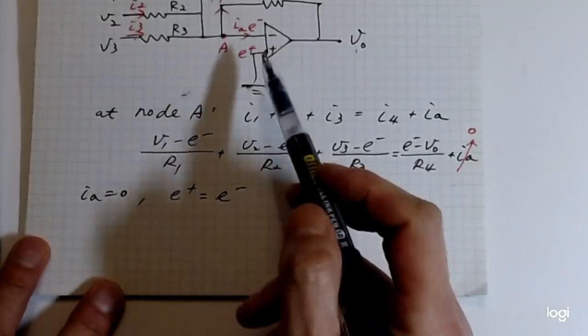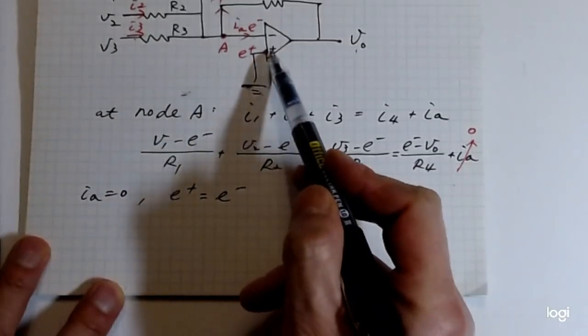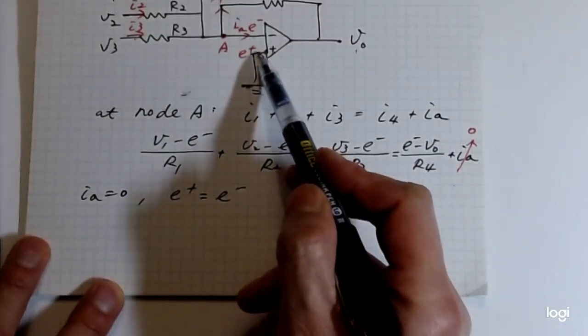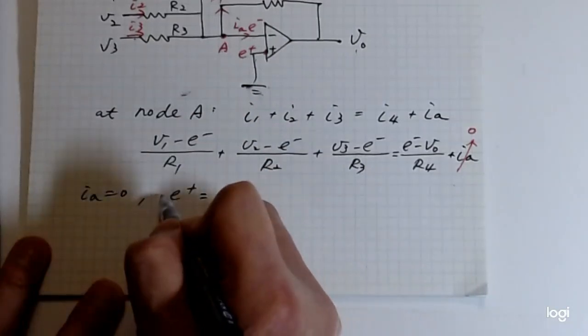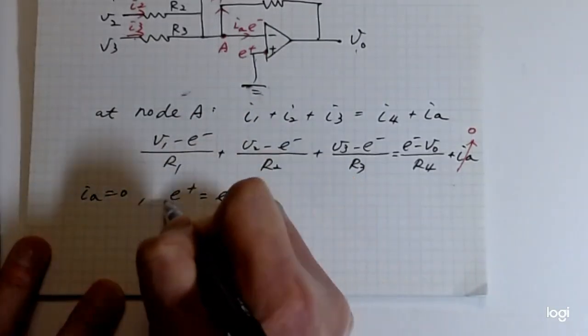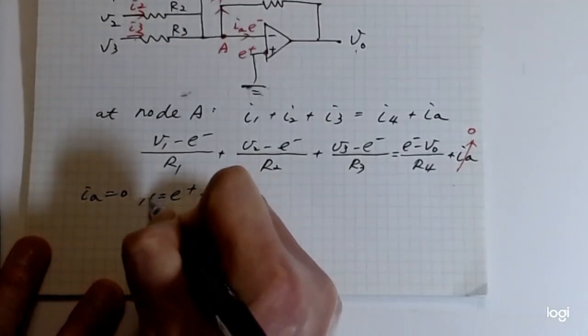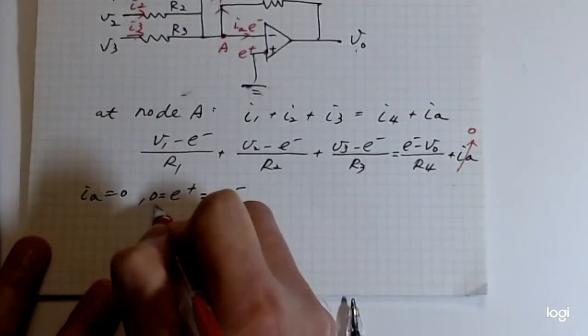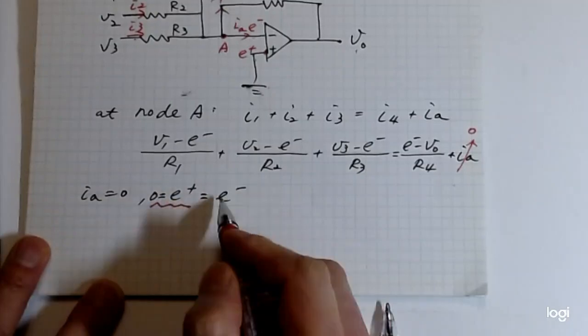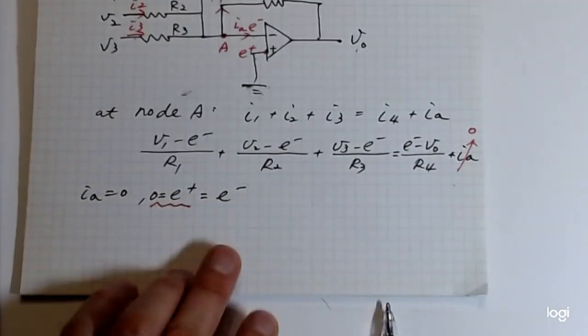Another one: E positive is always equal to E negative. In this case, what's E positive? E positive is grounded, so it's 0. Of course, then E negative will be 0.